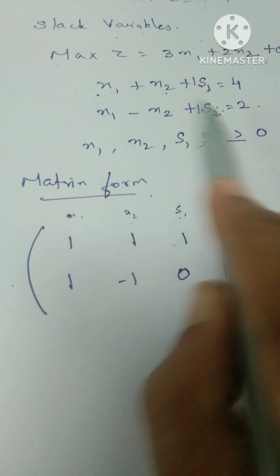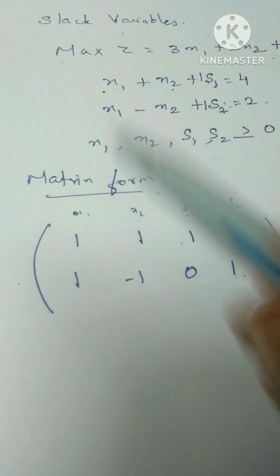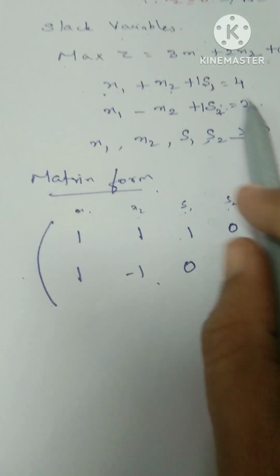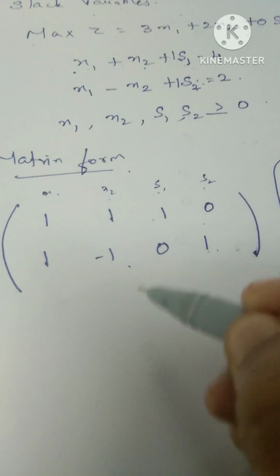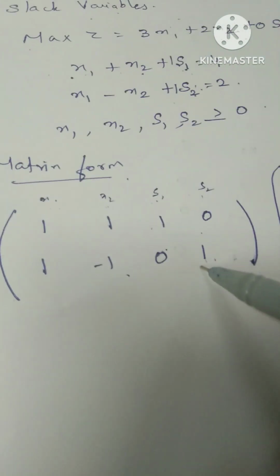In the second equation, x1 is 1, x2 is -1, there is no s1 in the second constraint, so I marked it as 0, and for s2 the value is 1.